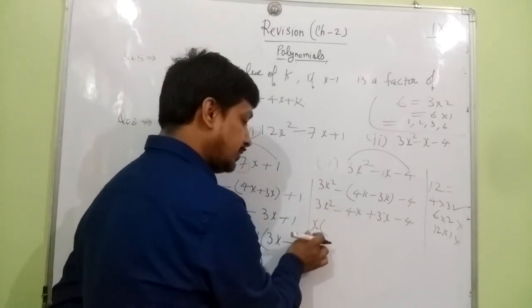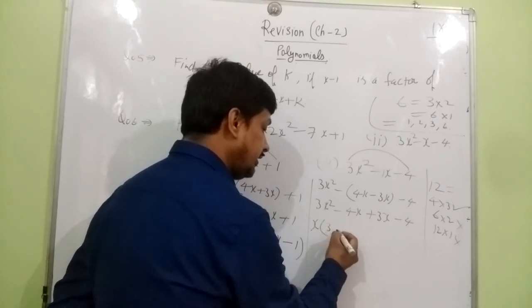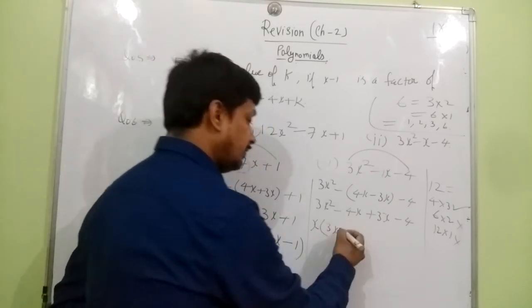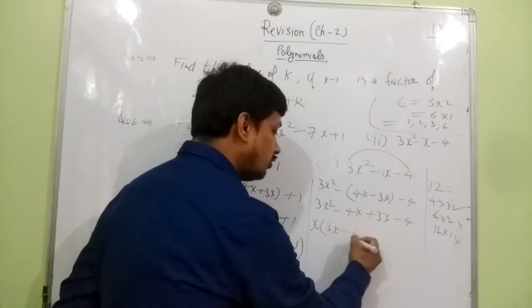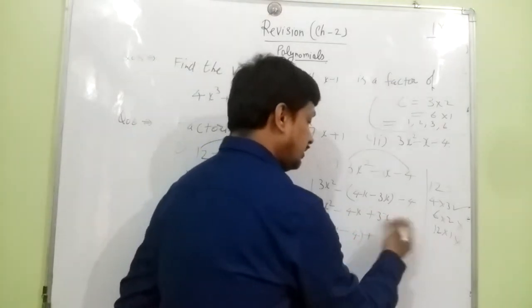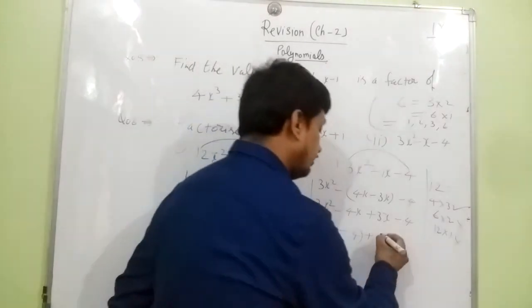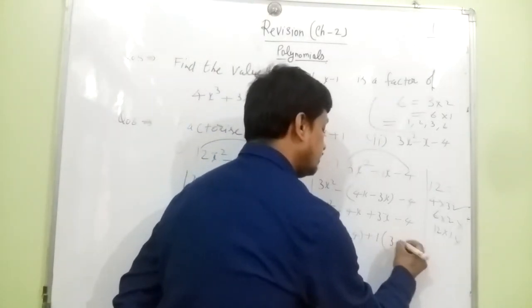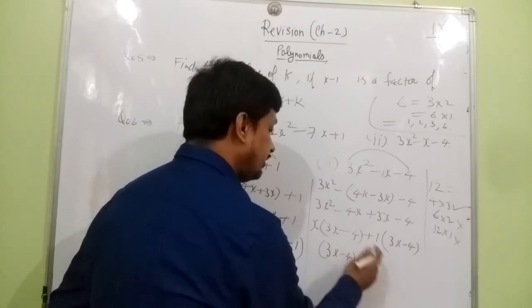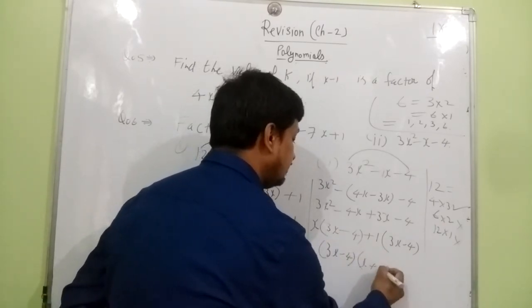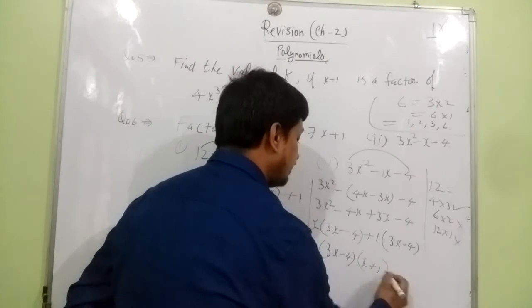Divide this term by this, it will give you 3 into x, minus, divide this term by this, x is cancelled, so 4 is left. Here no factor is coming out to be common, so we can take 1 as common. So 3x minus 4 in one bracket and x plus 1 in the other bracket. So these are just the factors.